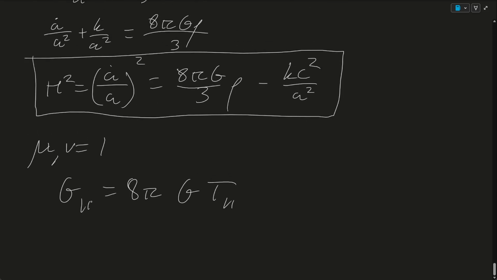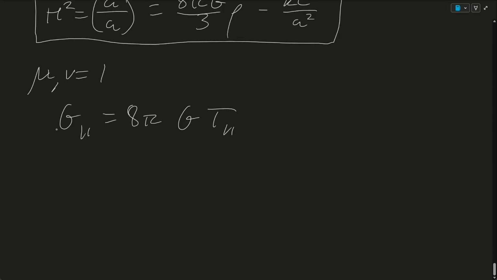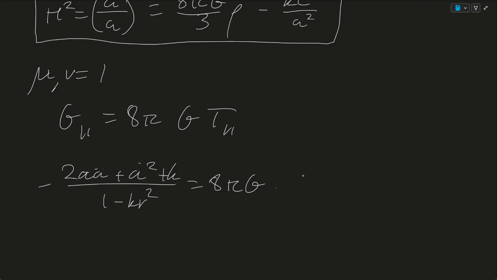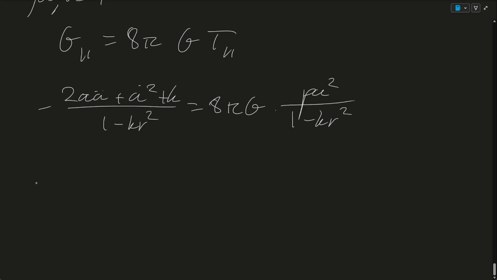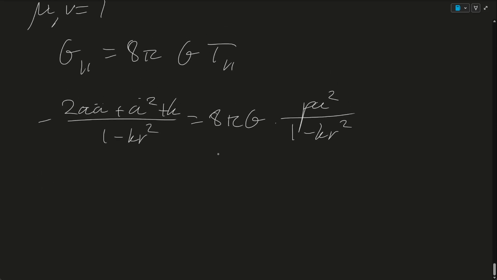And again, we can substitute in G11 and T11 from above, and we get that minus 2a double dot plus a dot squared plus k over 1 minus k r squared equals 8 pi G times p a squared over 1 minus k r squared. Things being over 1 minus k r squared gives me nightmares. Anyway, we can in fact get rid of it, which is nice. And I'll move the minus to the other side as well.